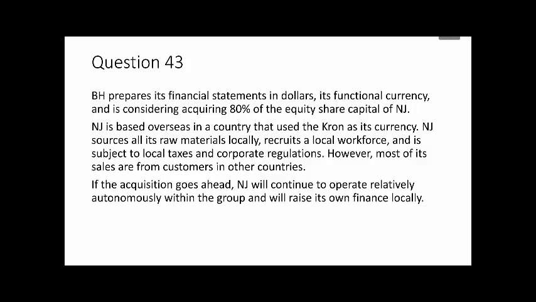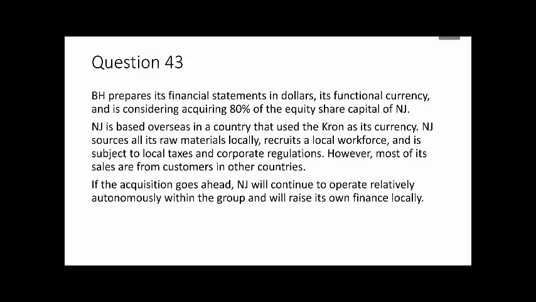So in this case, we're looking at BH, which prepares its financial statements in dollars, and that happens to be its functional currency as well. This company is considering acquiring 80% of another called NJ. NJ is based somewhere overseas in a country that happens to use the krone as its currency. It sources all of its raw materials locally, recruits a local workforce and is subject to local taxes and corporate regulations.